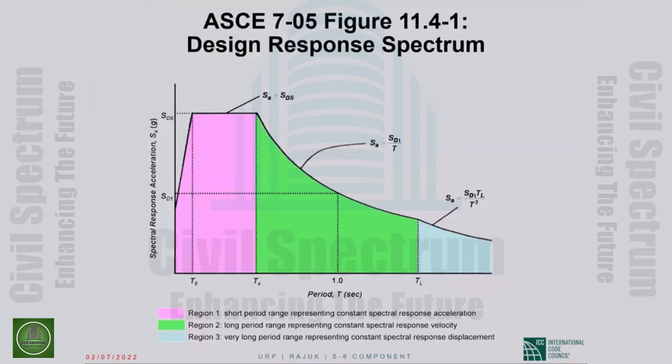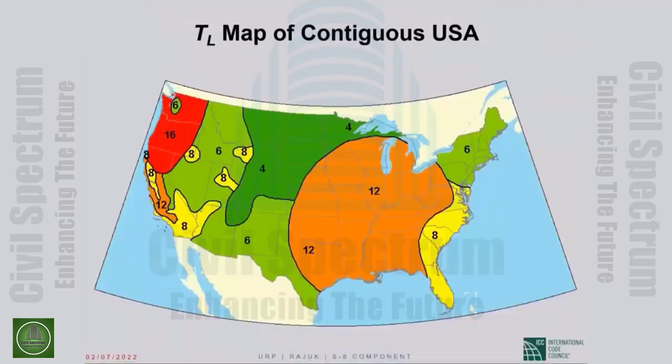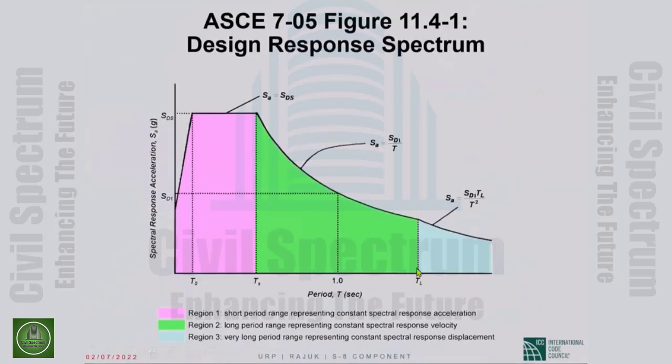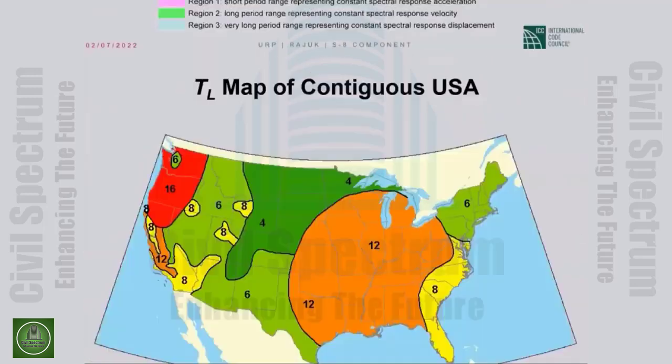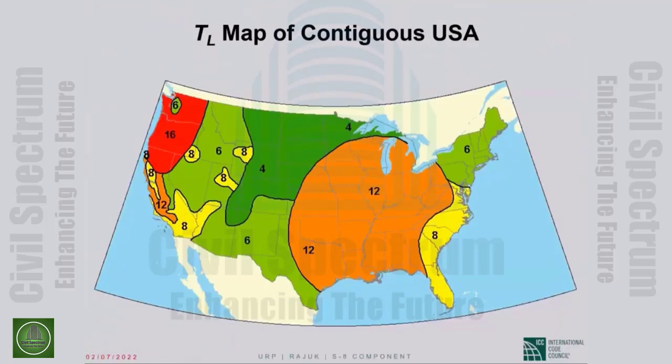Okay, so the T sub L. Remember, to define the spectrum, we need S sub DS and S sub D1, which we talked about. T sub L is also needed. T sub L for the United States is mapped, as you see here. Okay, the value ranges from 4 to 16 seconds.